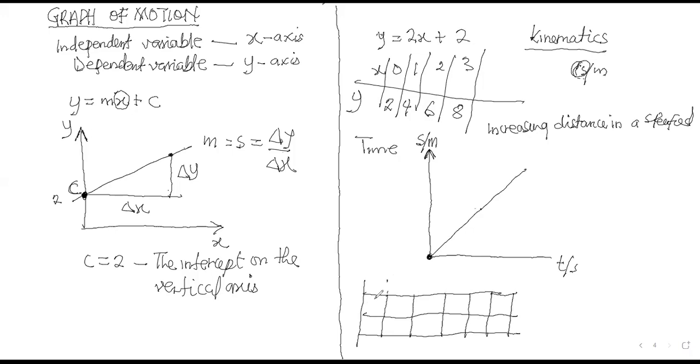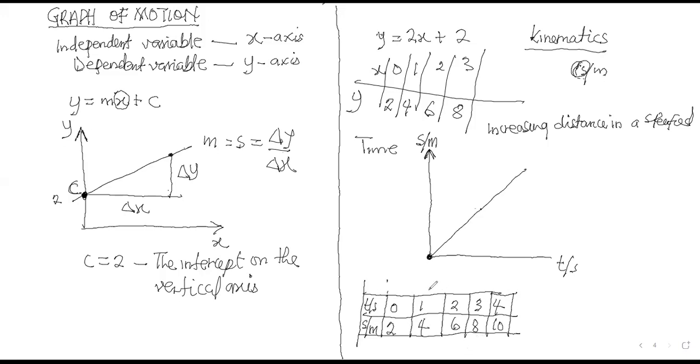This is time, in seconds, starting from 0, 1, 2, 3, 4. So we have a time interval of 1 second. And then the distance covered in that direction, maybe 2, 4, 6, 8, 10, in that uniform order.